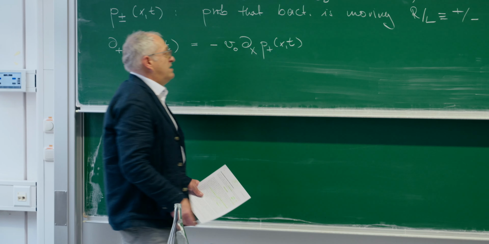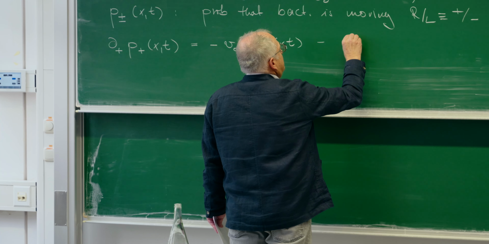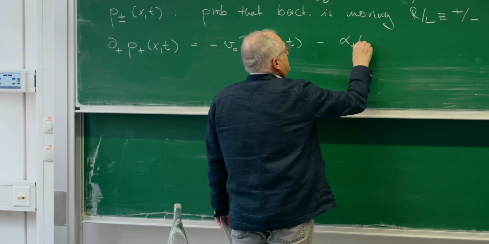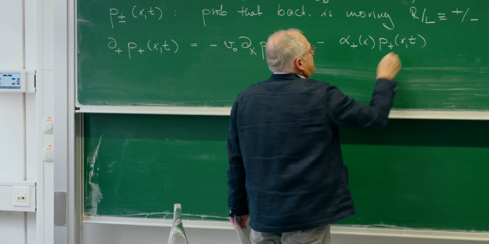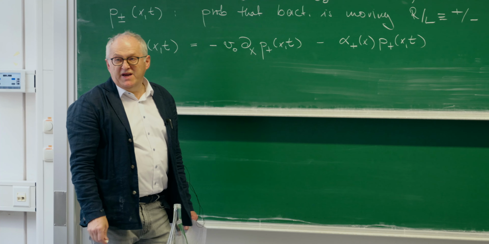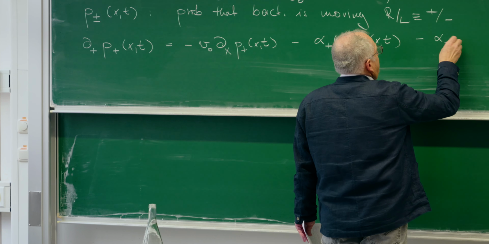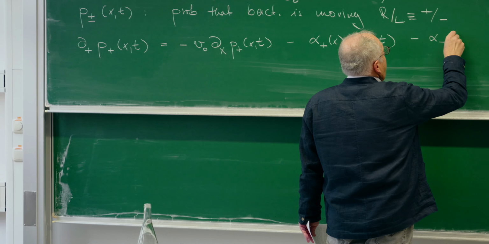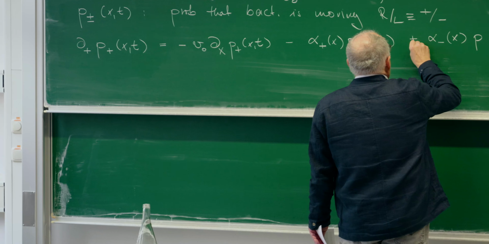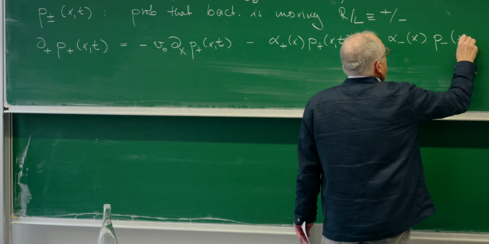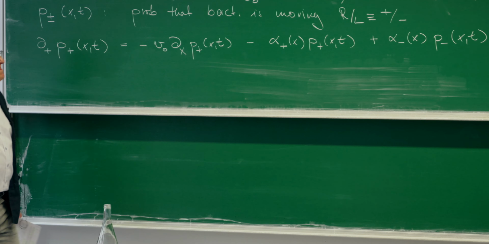And then if there is an event that switches with a rate alpha plus, then you lose bacteria from that plus state, and they go into the minus state, and vice versa. If these bacteria switch from left moving to right moving with rate alpha minus, you gain in the state of the right moving bacteria.